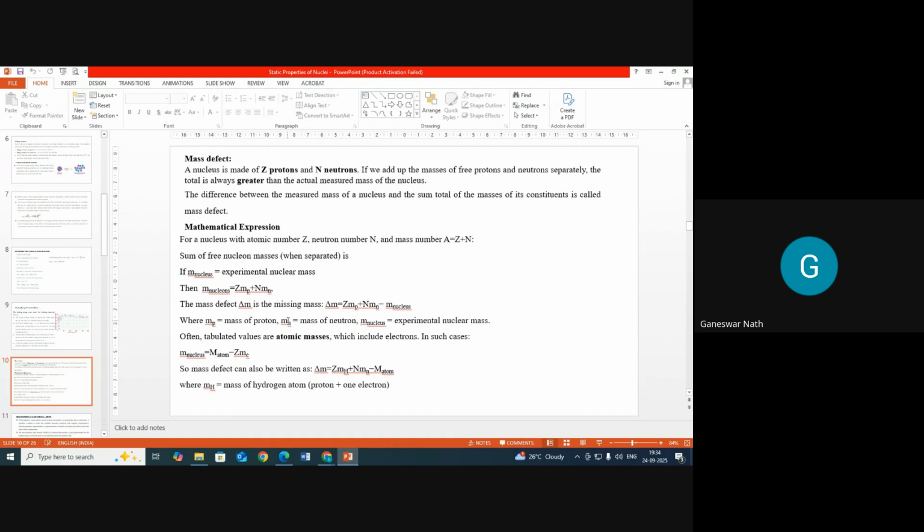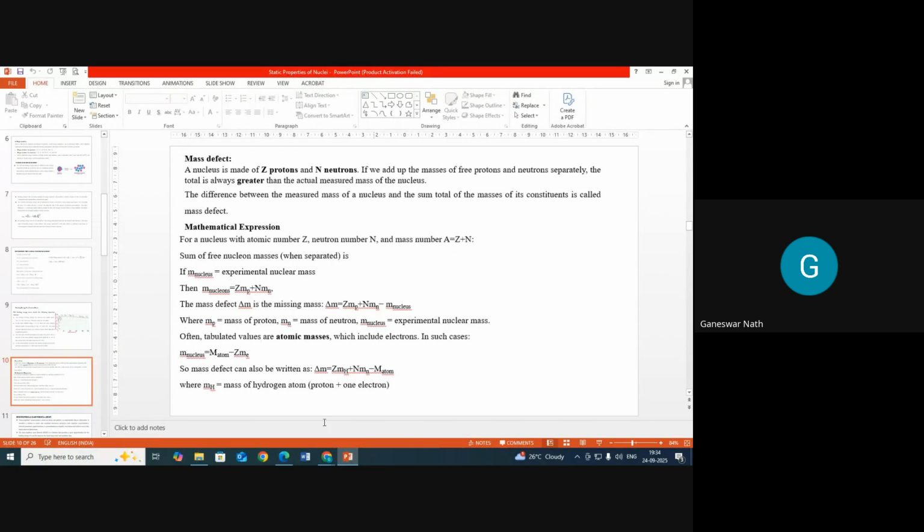So the sum of the free nucleon masses when separate, and if M is the mass of the nucleus, that is the experimental nuclear mass, then the constituent mass is Z M_p plus N M_n, and the mass defect delta M is the missing mass, so delta M equals Z M_p plus N M_n minus M of the nucleus. M_p is the mass of the proton, M_n the mass of the neutron, and M nucleus is the experimental nuclear mass.